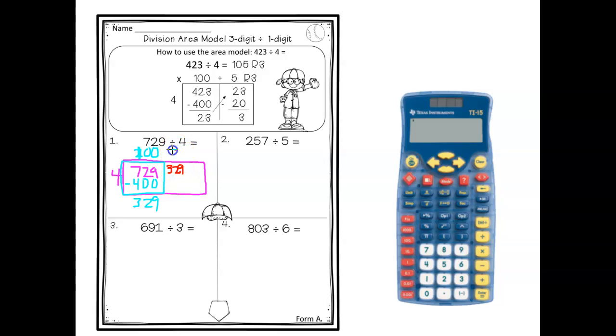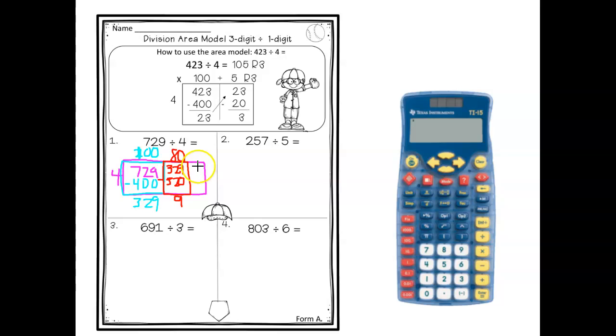So I could do 80 groups of 4, though. And 80 groups of 4 is 320, so I could subtract 320. Apologize for my handwriting here. And I'm going to be left with 9 for my remaining area. So right here, the area of an 80 by 4 is 320.